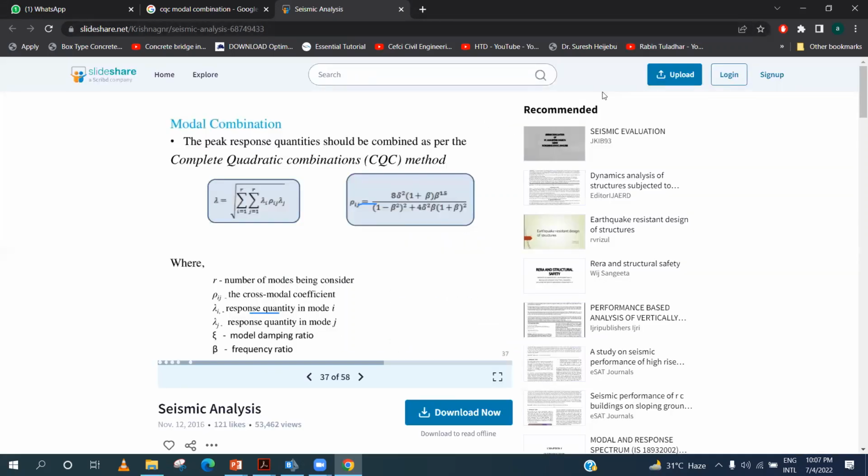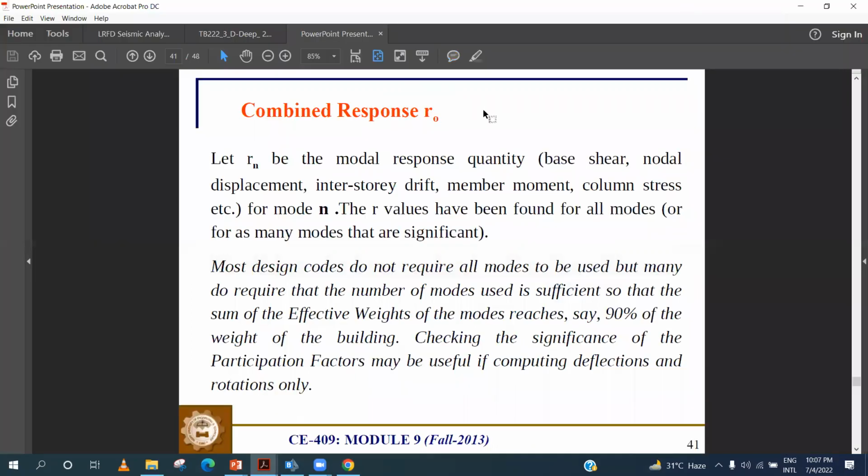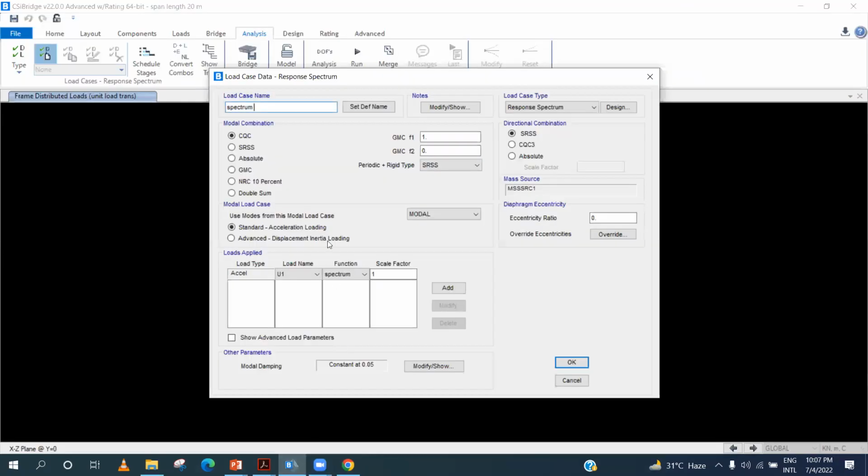So these are different types of combination of modes. I don't want to discuss this because it will become a bit more complex, and I think you guys don't have a background of these things. But the best one recommended by the code is this CQC combination. So we will use this one. You can also use this one and this one, and these three we don't use.